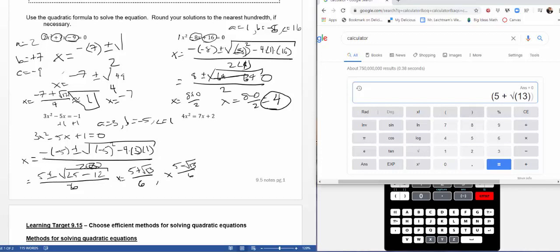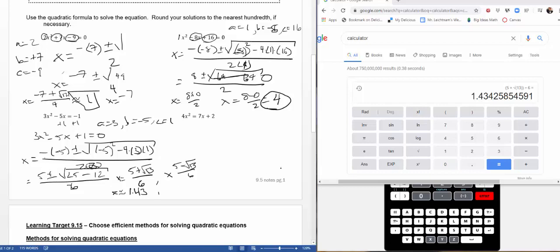Parenthesis for the square root, parenthesis for the numerator, and then I'll divide by the denominator, which is 6. Enter. It looks like this first answer is about 1.43 to the nearest hundredths place.